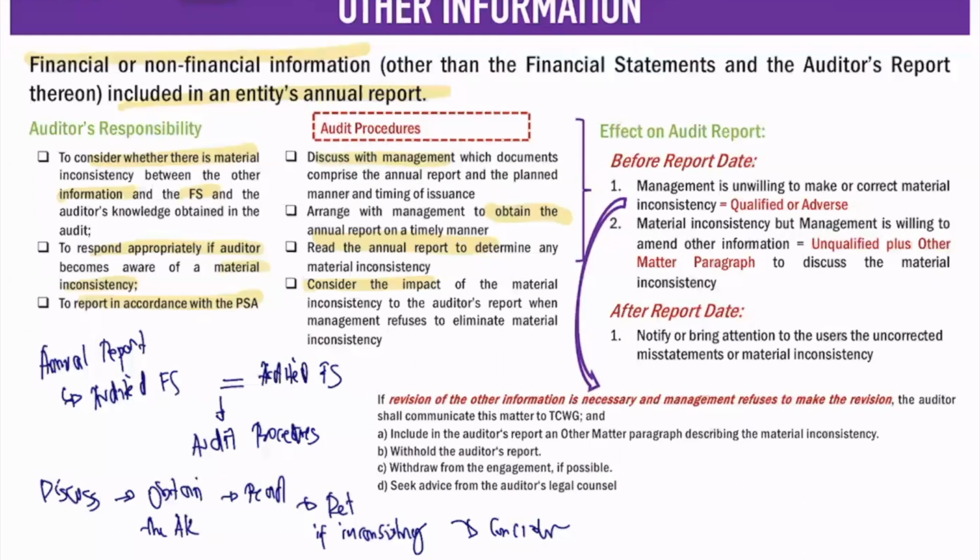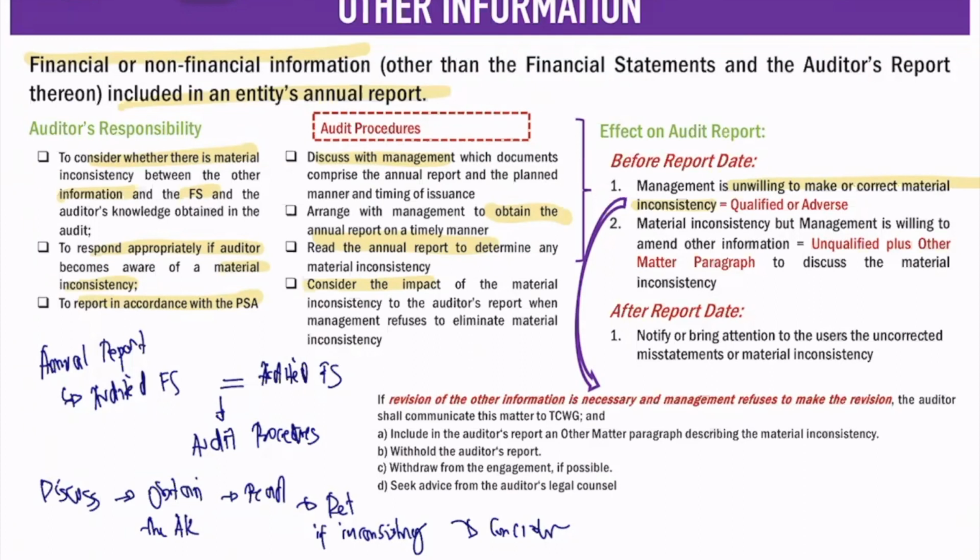Now, how do we respond to that material inconsistency? First, we determine if there is a material inconsistency or there is no material inconsistency. So first, before the report date, if the management is unwilling to correct the material inconsistency, then we have a qualified or adverse report.